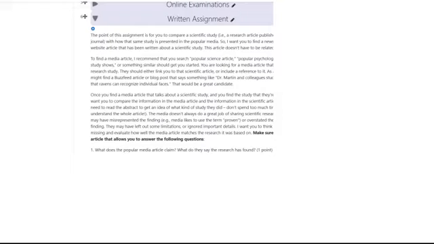The idea here is if it's a good popular media article, then it should be the same information as in the journal article, but maybe presented a little bit more clearly with less jargon and scientific terminology so that it's accessible for the general public. If it's a bad popular media article, then it might take some liberties with what the study actually found.